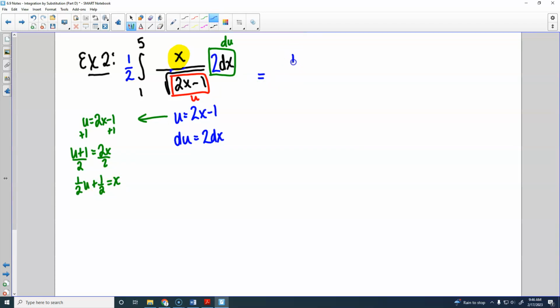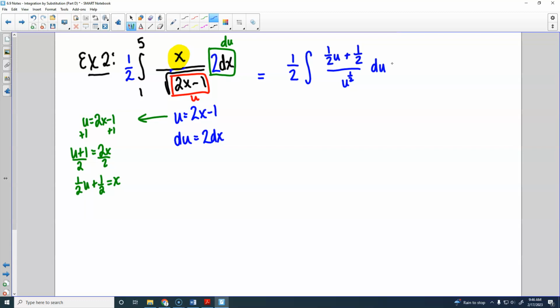So to substitute, we're going to have 1/2 u plus 1/2 over, I'm going to write this as u to the 1/2 power, du. So all of that part is the same as what you were doing yesterday.